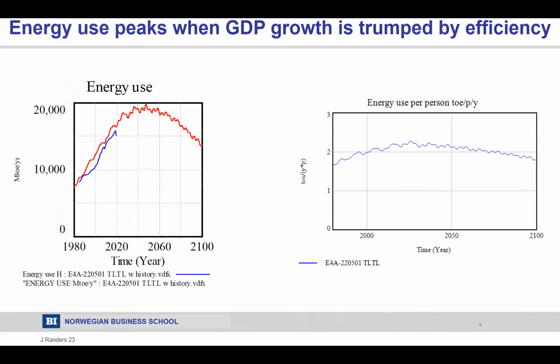Energy use grows like the red line, and interestingly reaches a peak roughly 30% above current levels, because the energy use per person plateaus the way we define it.